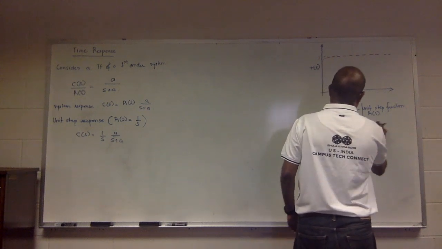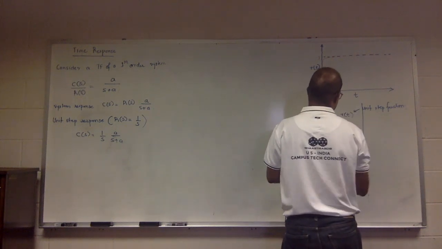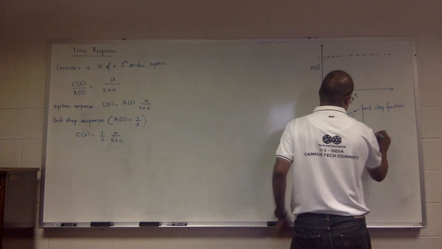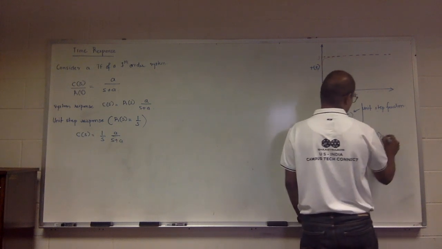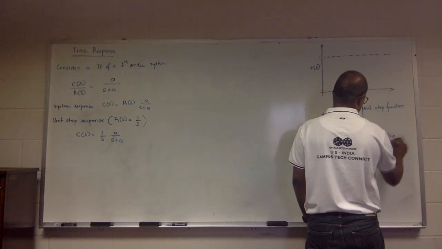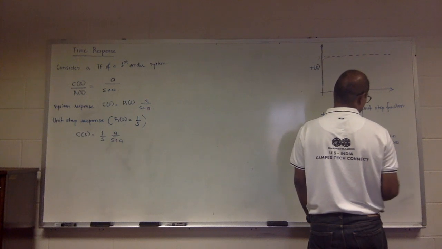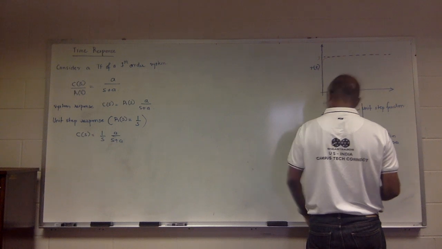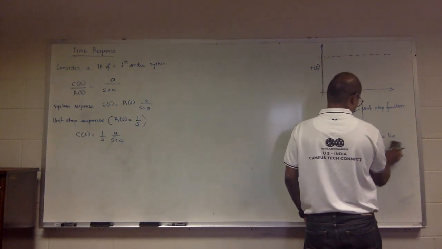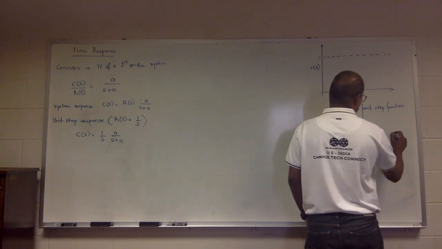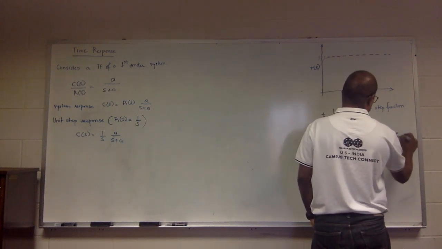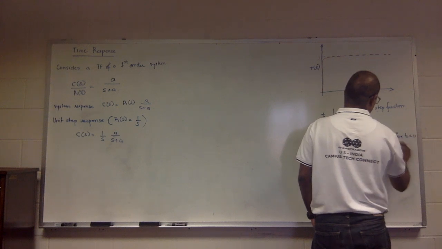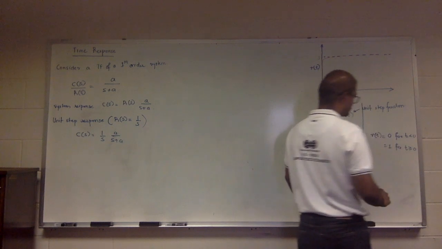Okay, but R of t is written as, think about this, okay? It is equal to 0 for t less than 0, and equal to 1 for t greater than or equal to 0.